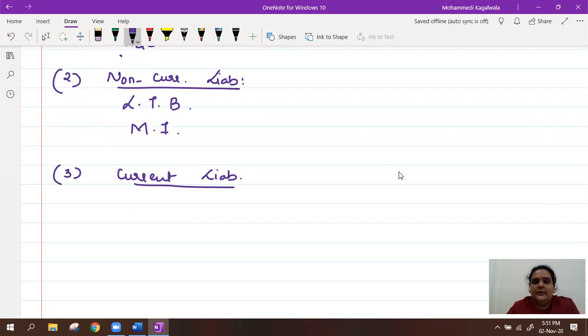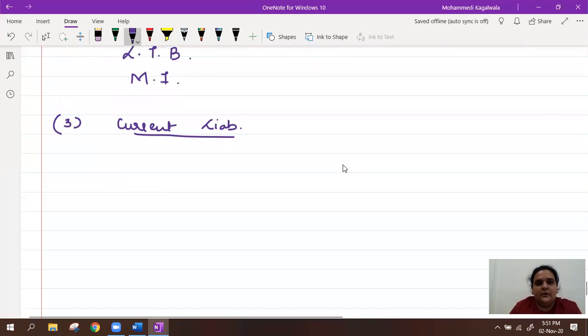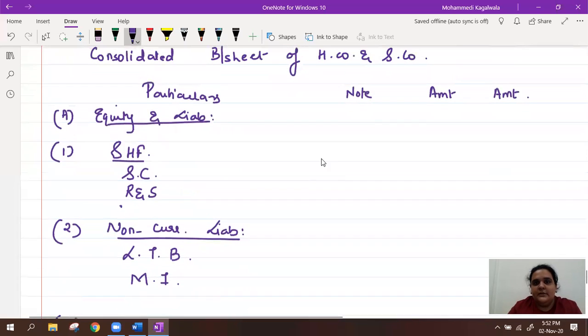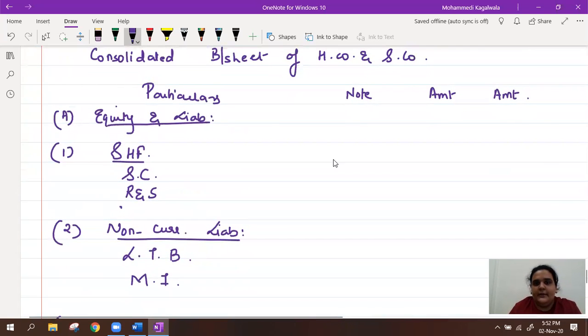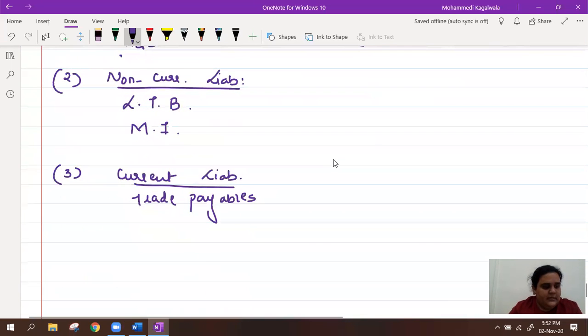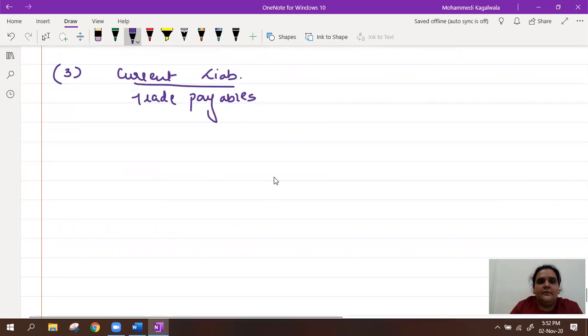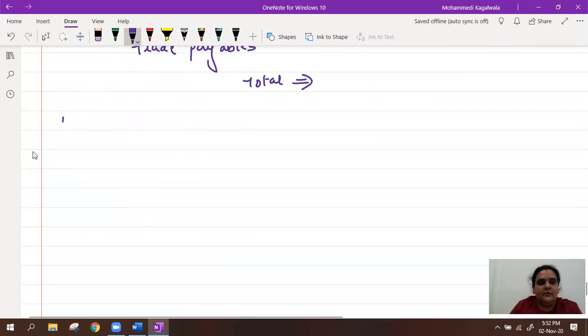Current liabilities mein you have generally got trade payables. This is generally there in our consolidation. So I'm just taking those items. तो reserves and surplus के लिए एक note बनाना पड़ेगा हमेशा. And for these others you will have to make notes like current liabilities and all that. So I'll get my total. Part B is going to be assets.